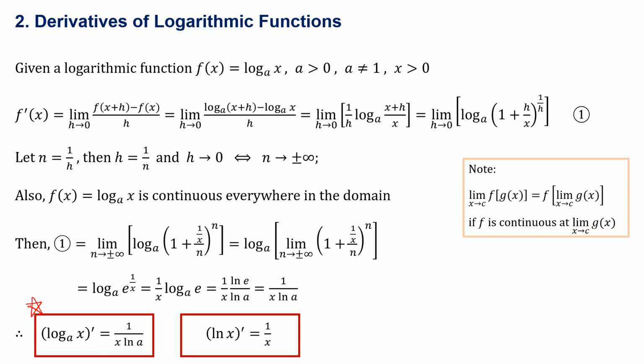Also, a special case is when a equals e, that becomes ln x, right? The derivative of ln x is 1 over x times ln e, which is actually 1. Therefore, the derivative of ln x equals 1 over x. Okay, you should put these two formulas down onto your notebook.